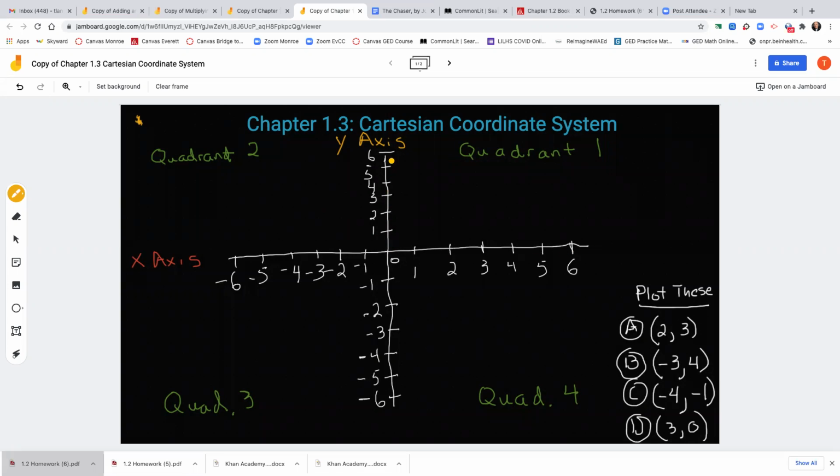Everything above the 0 is positive, and everything below 0 is negative. You guys are kind of familiar with this from a thermometer. This is my amazing drawing of a thermometer, and this is like 0 degrees here, and this is 32 Fahrenheit here, and this was 64 degrees.